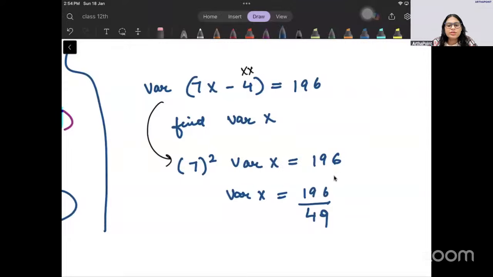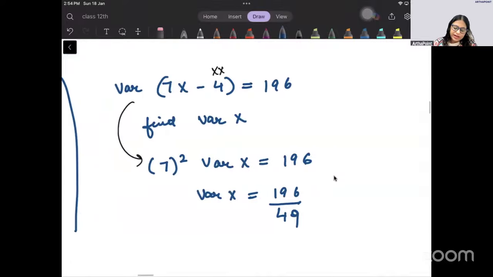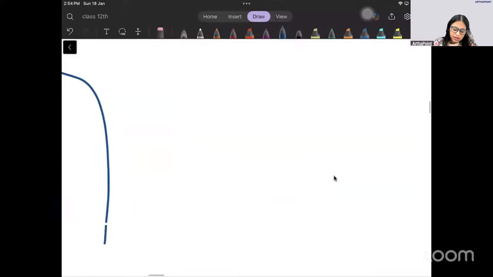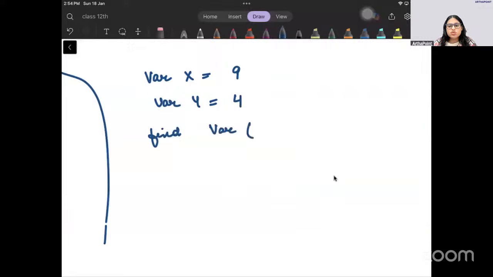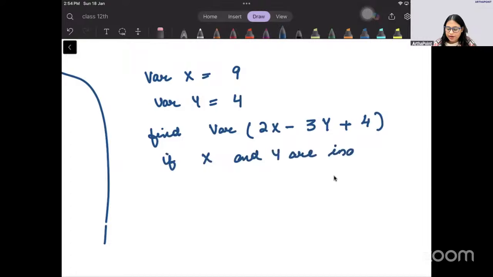Okay, now one last question, then we'll take a break. So if I tell you that variance of X is 9, variance of Y is 4, you have to find variance of 2X minus 3Y plus 4 if I am giving you X and Y are independent.